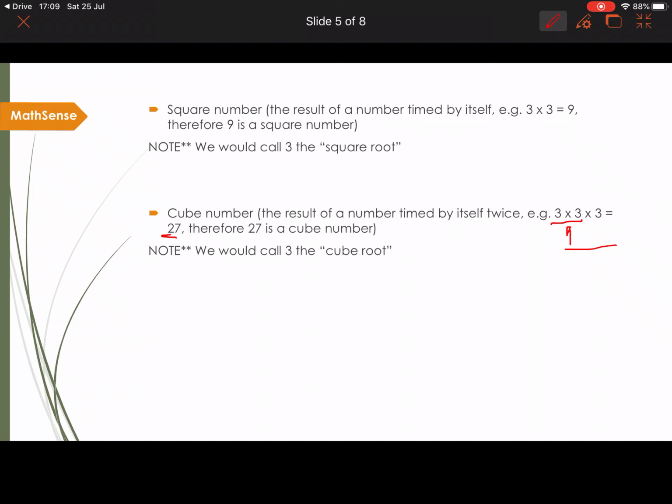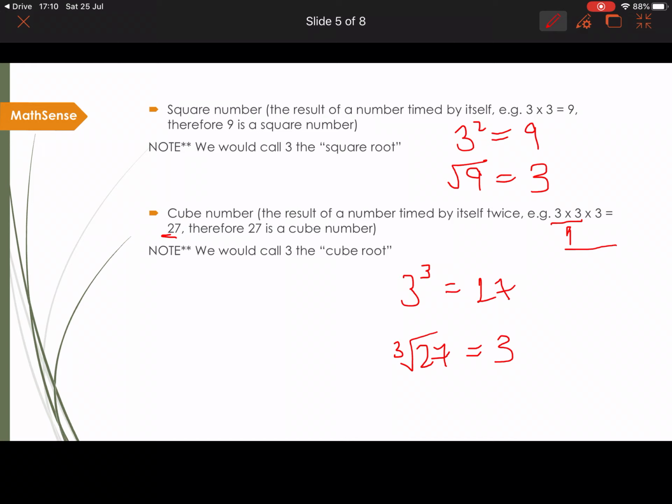Now, how this looks is 3 squared is 9, but the square root of 9 is 3. 3 cubed is 27, but the cube root of 27 is 3.